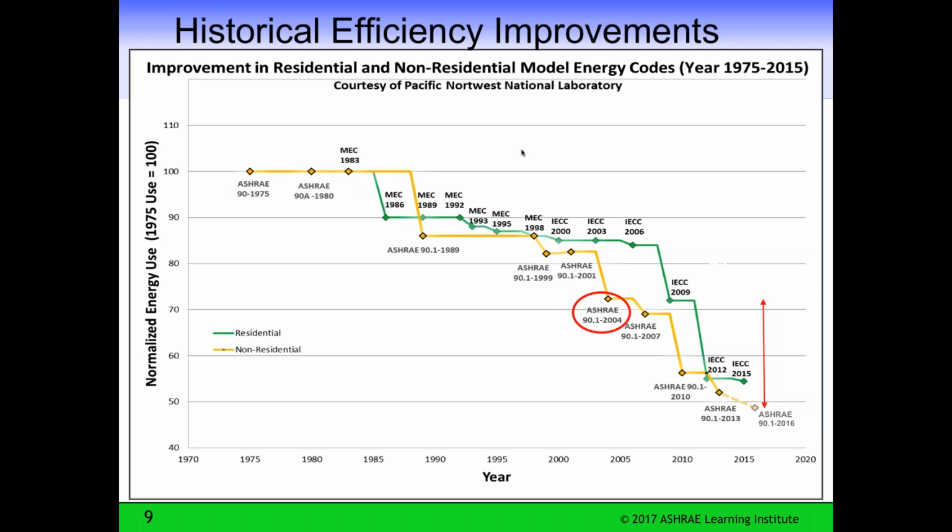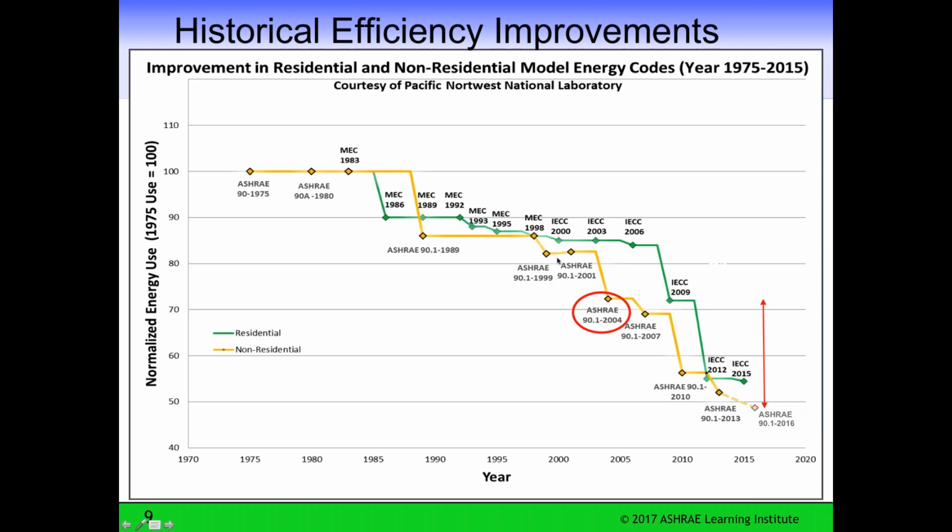So for 15 years or longer, up almost until 2000, you got maybe a 10 to 15% savings. Then starting in 2000, and especially going 2004, 2007, 2010, the combination of the Department of Energy and ASHRAE Board of Directors really put pressure on the 90.1 committee to produce substantial energy savings in the new versions of 90.1.